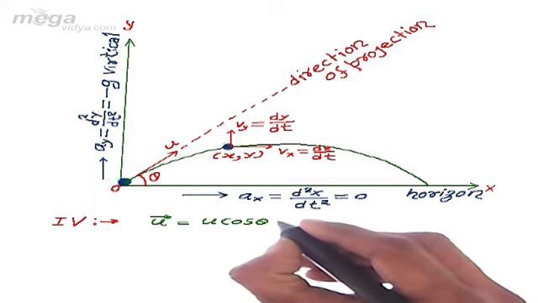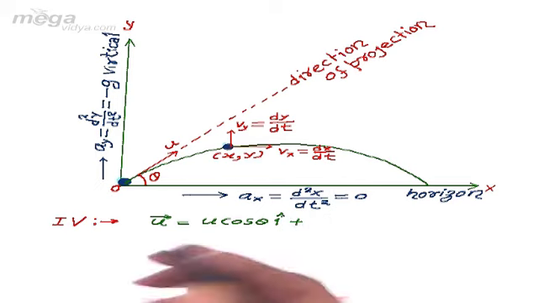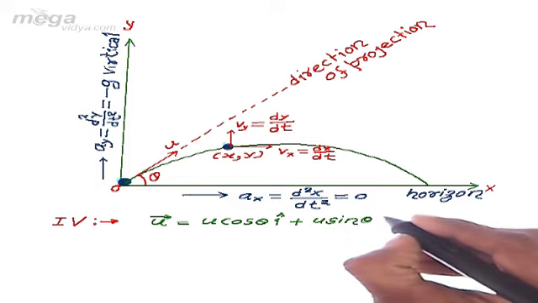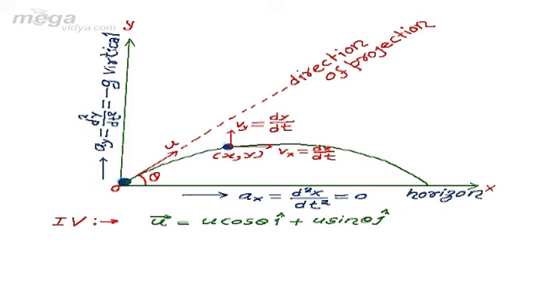One more component of velocity is u sin theta. Of course, it will have y direction, so I have put j cap as the unit vector. So this is the vector representation of its initial velocity.